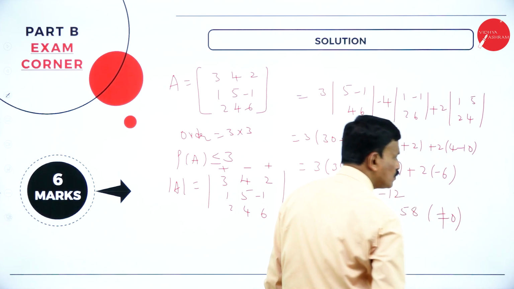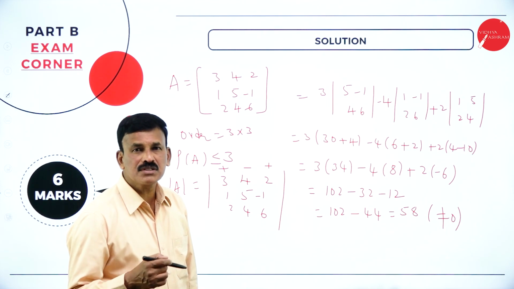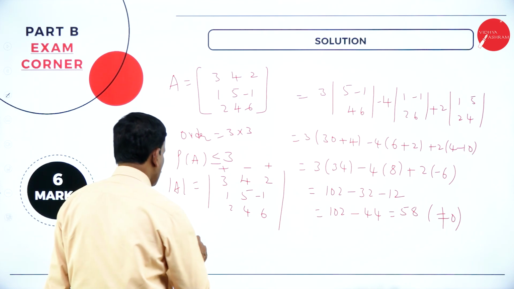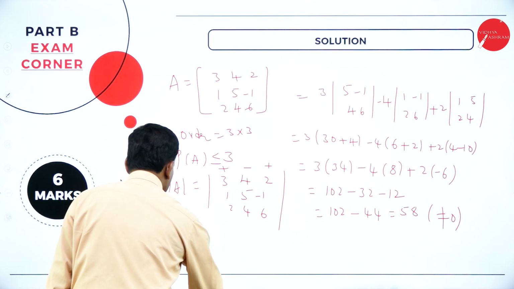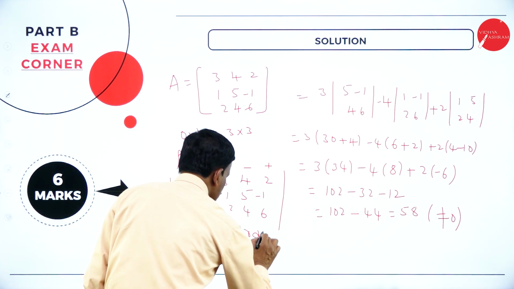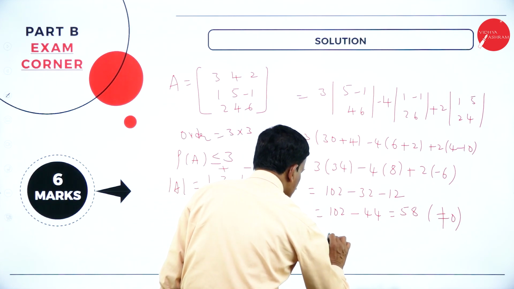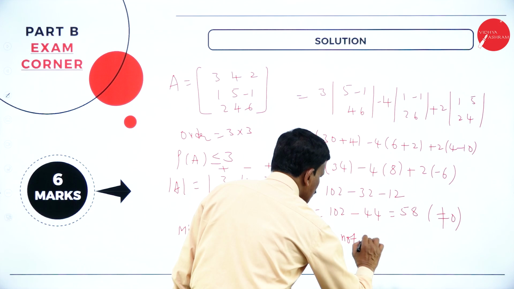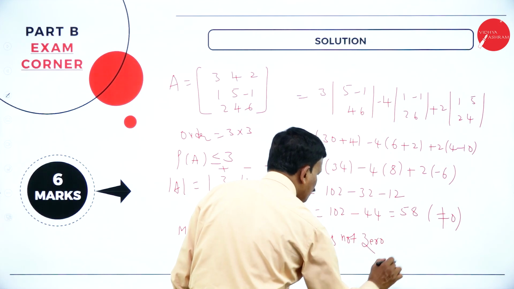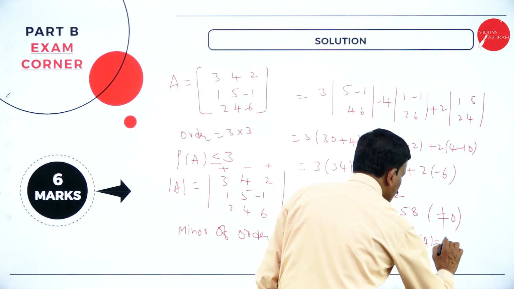This is not equal to 0. That means there is a minor of order 3 which is not equal to 0. Therefore, the rank of the matrix, rank of A, is equal to 3.